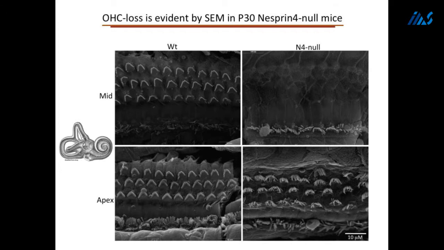Now, this loss of hair cells in this midsection versus this apical section is consistent with what we know of the features of this progressive form of hearing loss in both mice and humans. So basically, high frequency hearing goes first, then low frequency hearing.